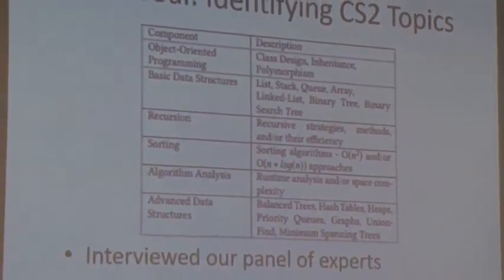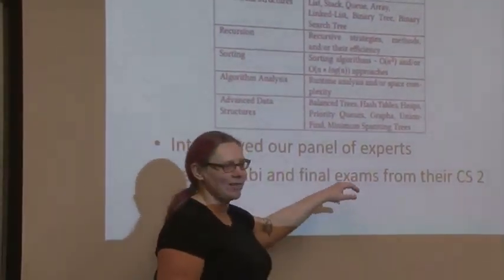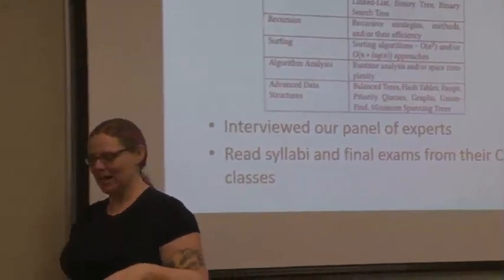Our theory was the syllabi tells us what they want to cover, the final exam tells us what they actually cover, right? The syllabi is sort of an aspirational document. The syllabus is what they actually expected students to learn. And so we found this list of 6 topics that are loosely related. And it turned out that almost no CS2 courses covered all of these, but all of them covered some subset of these. And I'm going to talk a lot more about that.